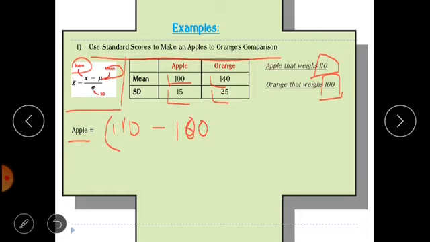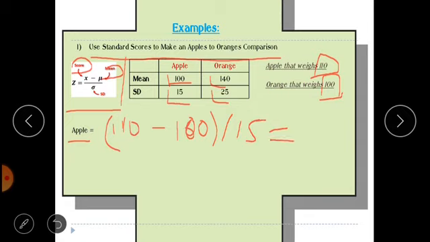100, no? Divided by standard deviation na 15. So, divided by 15 is equal to ilan? So, compute natin.